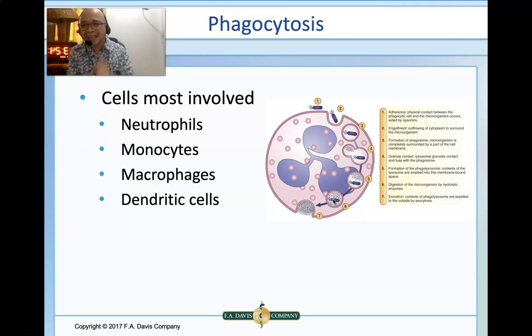However, there are some microorganisms that are actually resistant to phagocytosis. Number 1, if they have capsule. Because capsule is made up of slimy polysaccharide layer, and that somehow will prevent them from being engulfed. So that's number 1, capsule. And then there are even some bacteria that can multiply inside the macrophage.